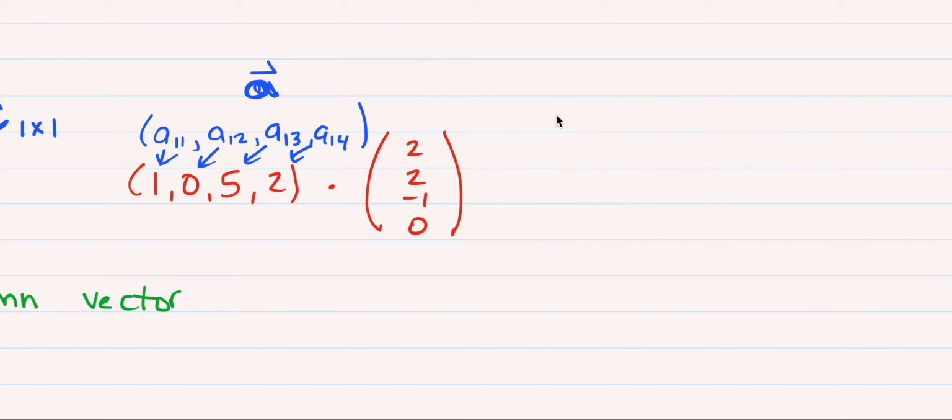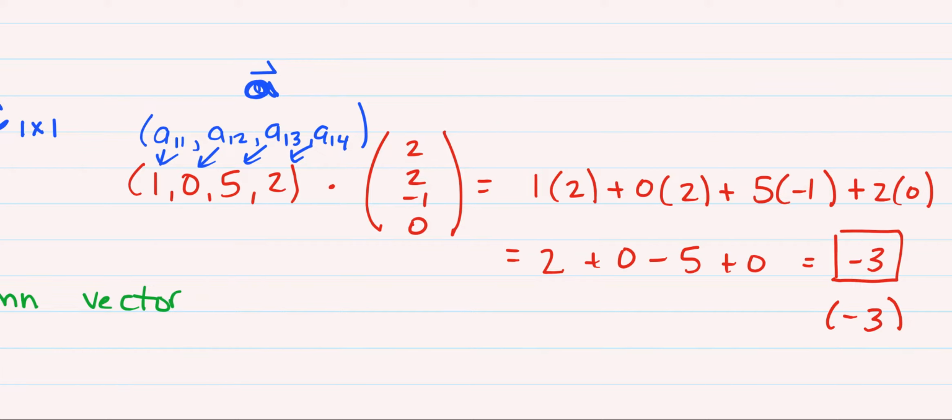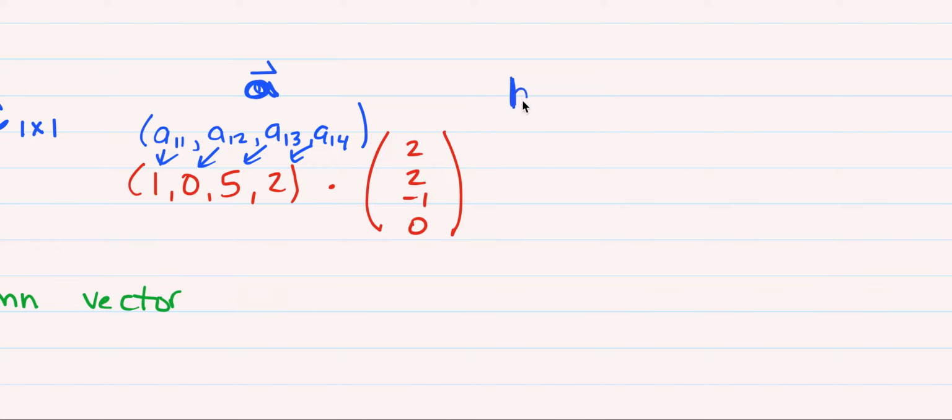This is our column vector B, which we're going to put in bold. And the column vector is B11, B21, B31, B41. That's how we define matrices. Remember, the first number corresponds to the row and the second number corresponds to the column.